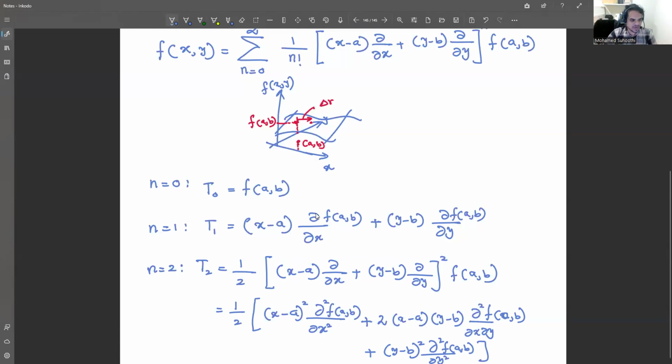Now we have found the first three terms. So how can you write the total expansion? T naught plus T1 plus T2, and if you want, you can find T3 until infinity. So this is our Taylor series for a two variable function.